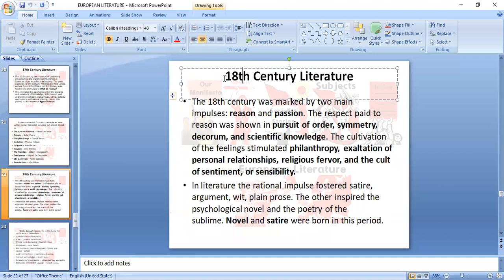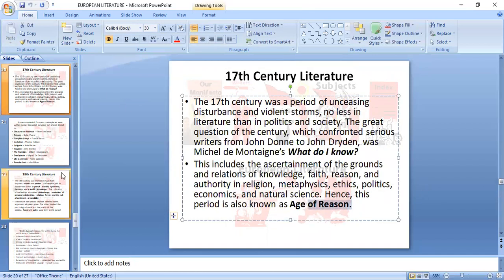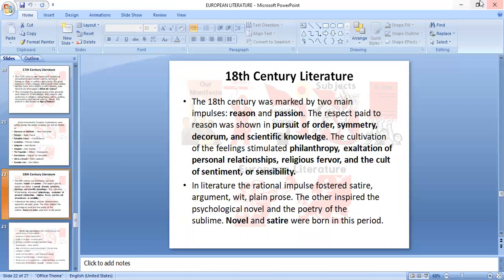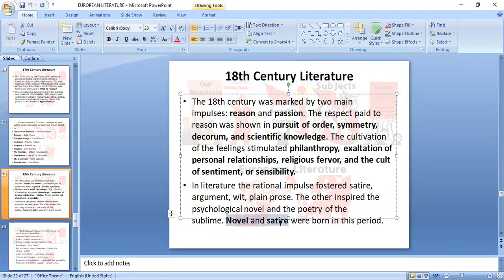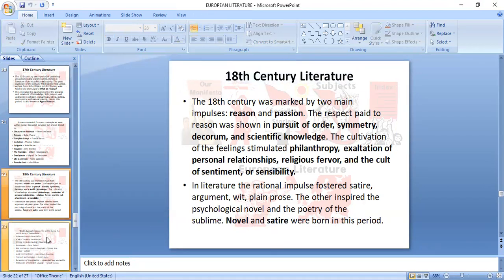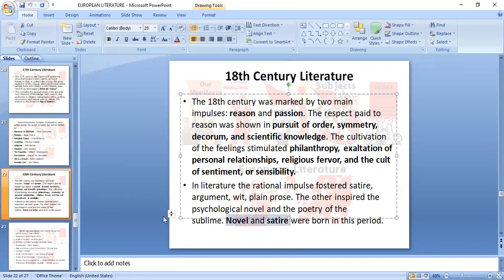In literature, the rational impulse fostered satire, argument, wit, and plain prose. The 18th century focuses on the novel and satire. Remember that.